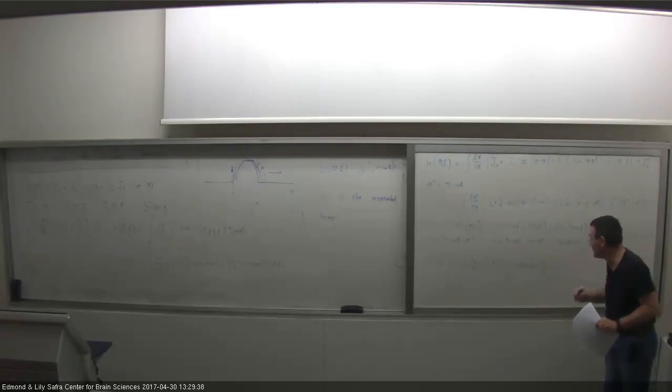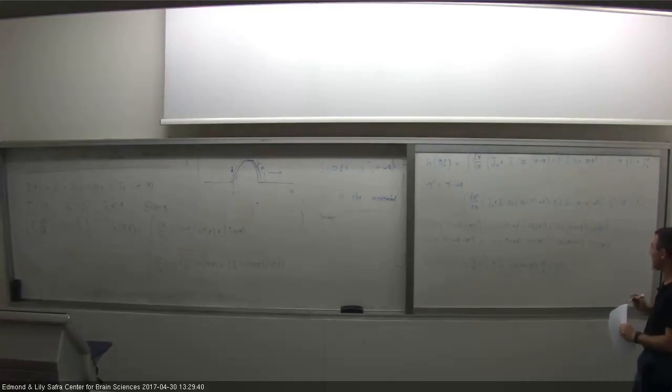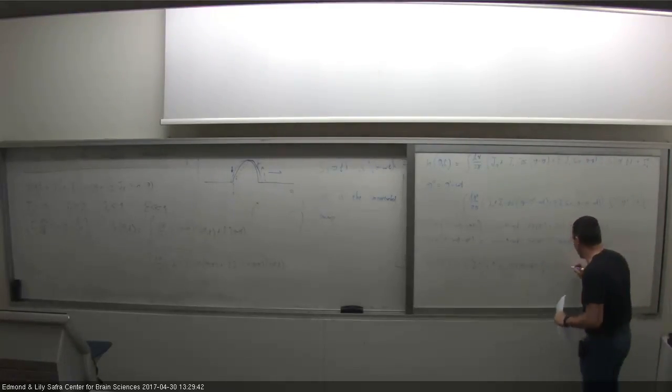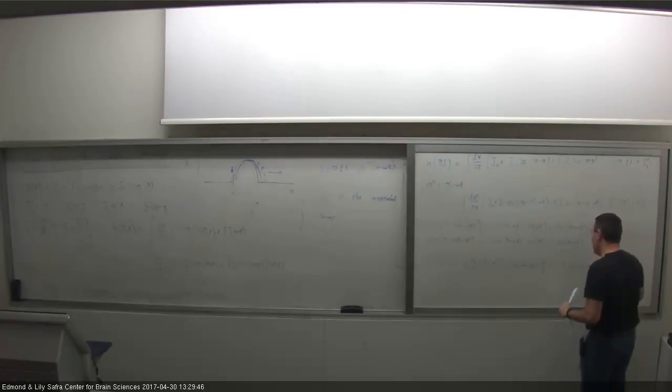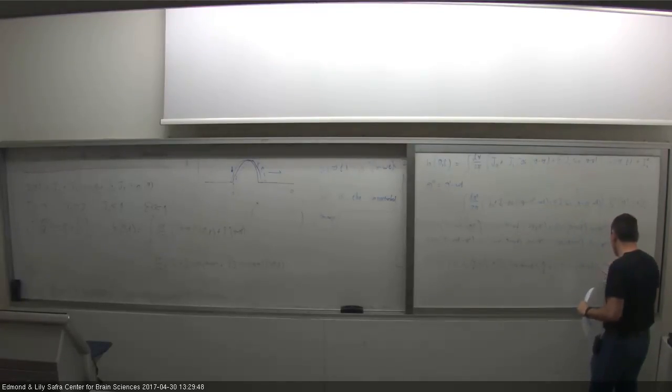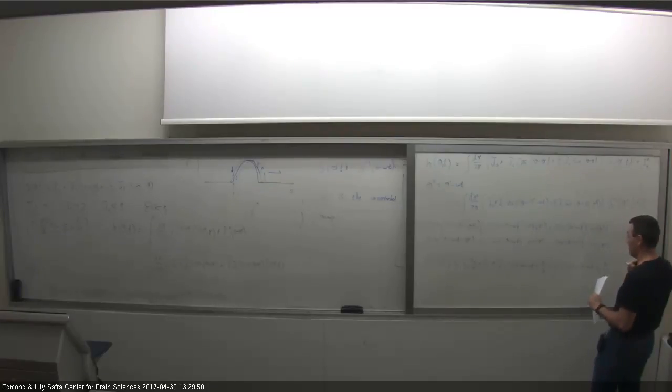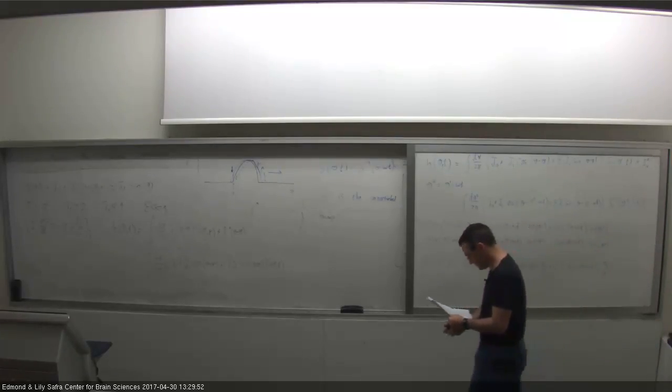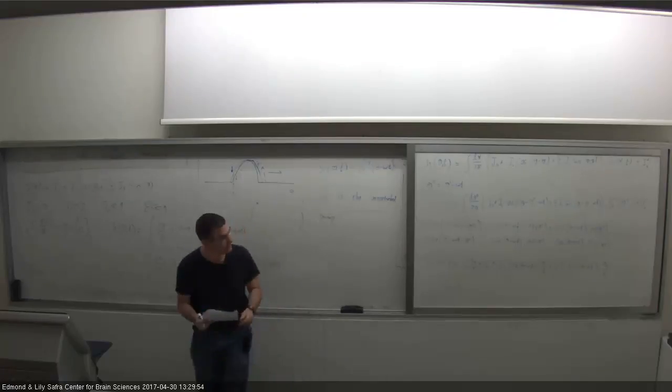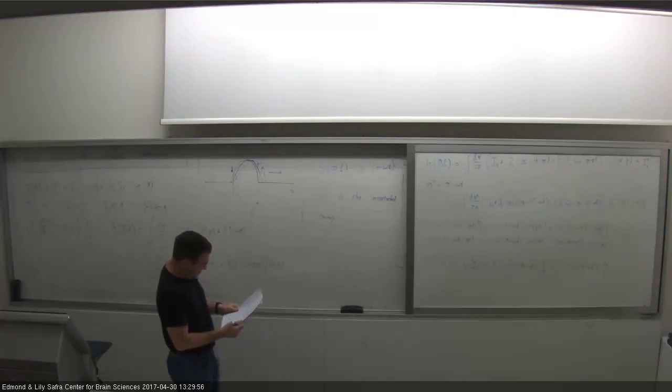Okay, so let's look at this one. a1 over 2. So this would be just equal to sine theta minus wt times a1 over 2. Good. Not so bad, right?